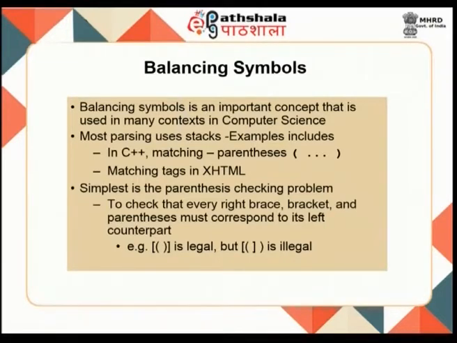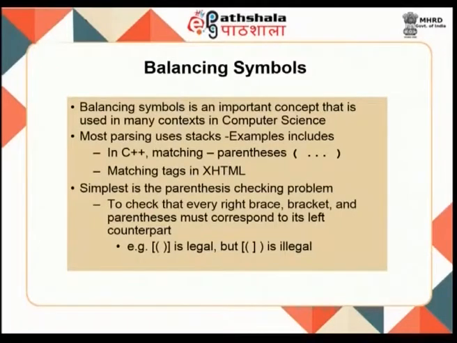The simplest parenthesis checking problem is the simplest one, and here what we are going to look at is matching for every right brace, bracket and parenthesis. There must be a corresponding left counterpart. Now, though we use parenthesis in general, actually brace, bracket and parenthesis are the three different types of brackets we normally use, though they are used interchangeably sometimes.